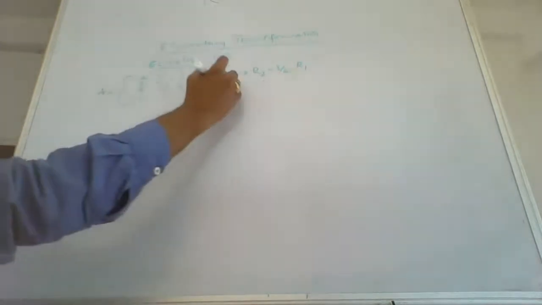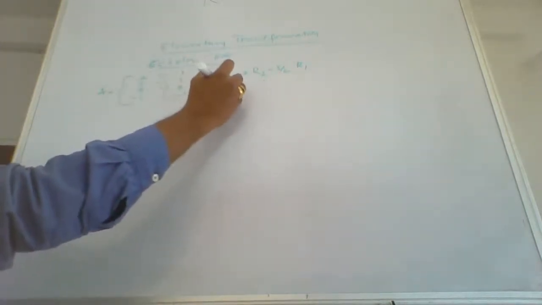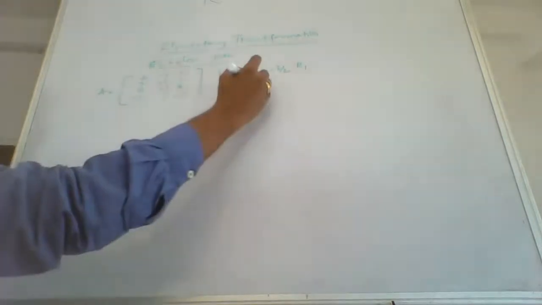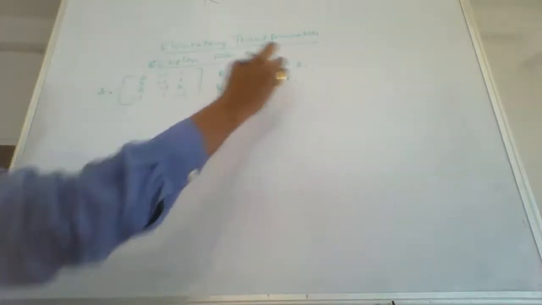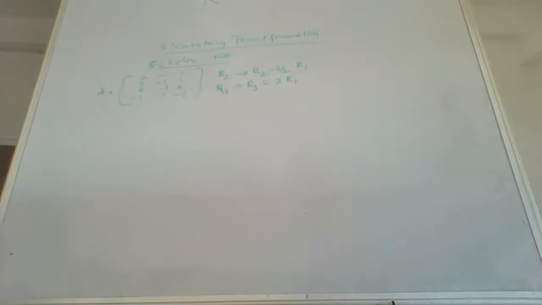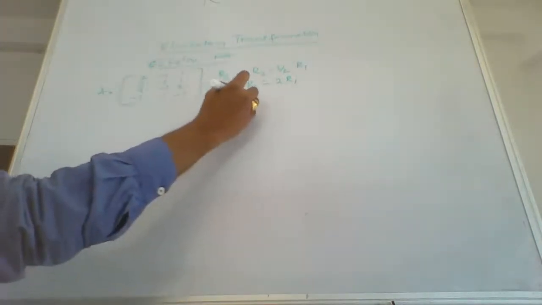Let me compute R3. So that would result in R3 minus 2 R1. And again, let us see the row 4 operation.